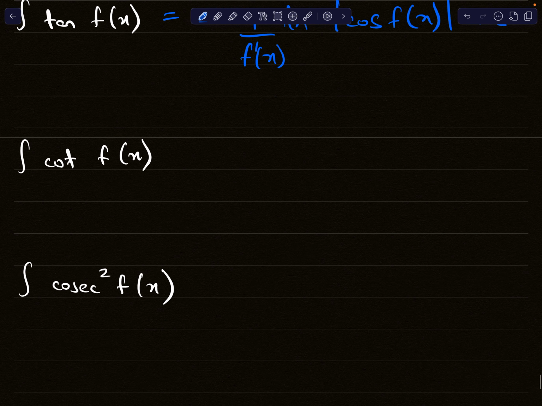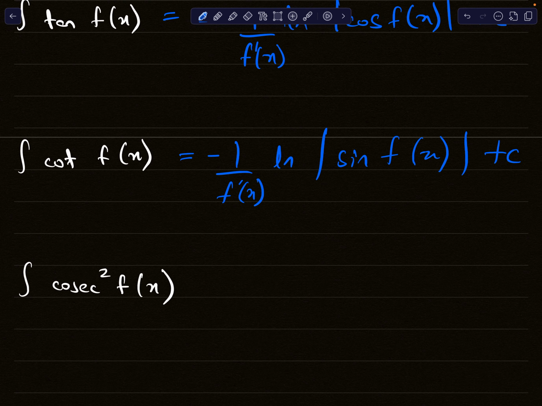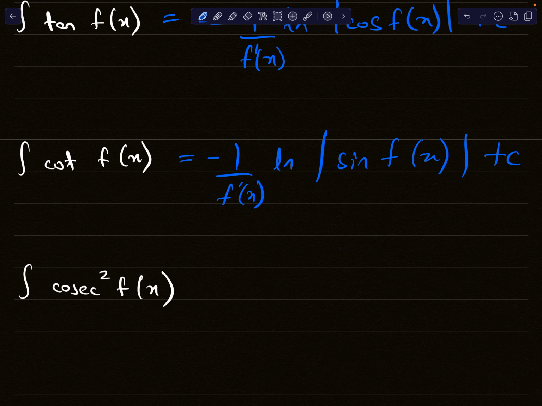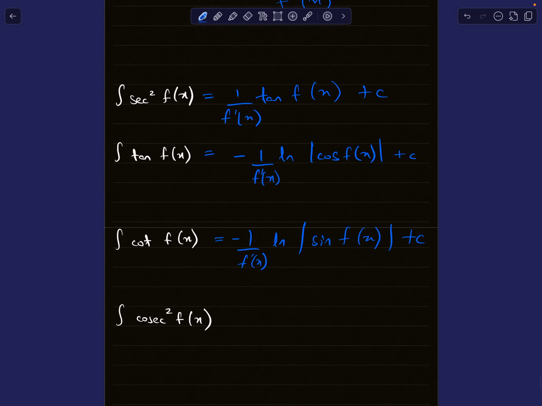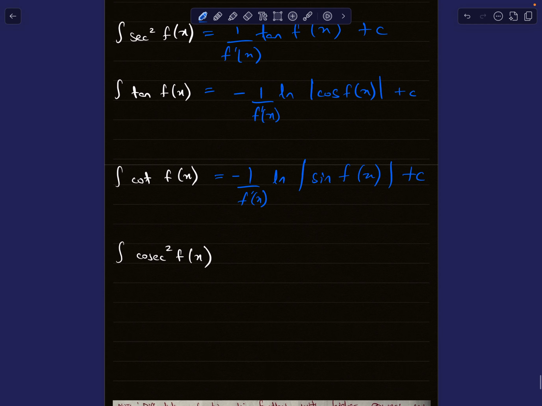Then we have cot f of x. The integral of cot is ln modulus sine f of x plus c, and we divide by the differential of f of x. You know why? Because when you differentiate it, you multiply by the differential of f of x.